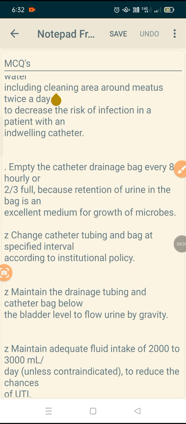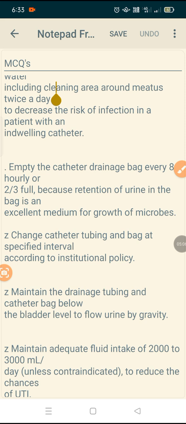E. coli bacteria have a very good characteristic: they can travel upward, in a retrograde manner, from the bag back up to the urinary catheter. It has very strong characteristics.